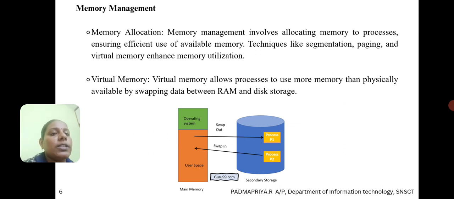In the P1 process, executing data will be stored in secondary storage, and whenever the user needs the data, that particular data is retrieved from the secondary storage and given to the user as output. So this is the memory management architecture.